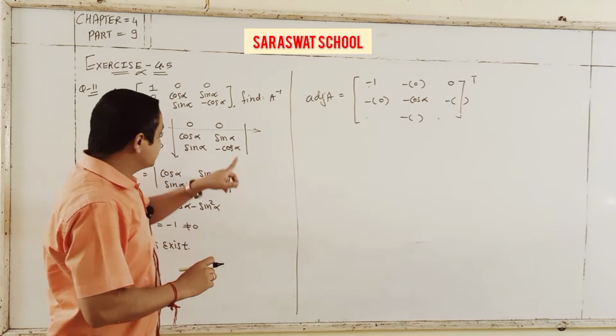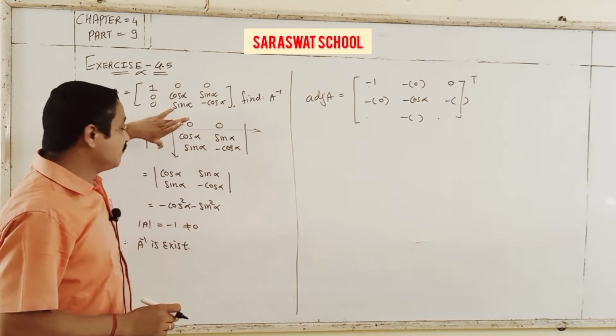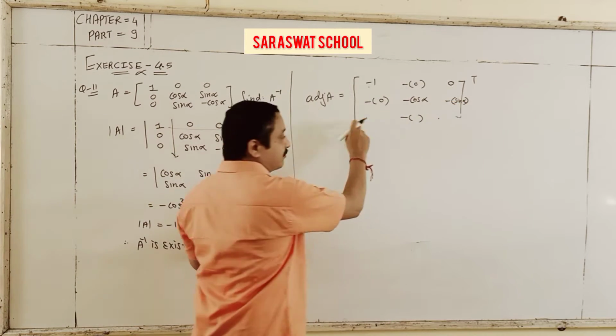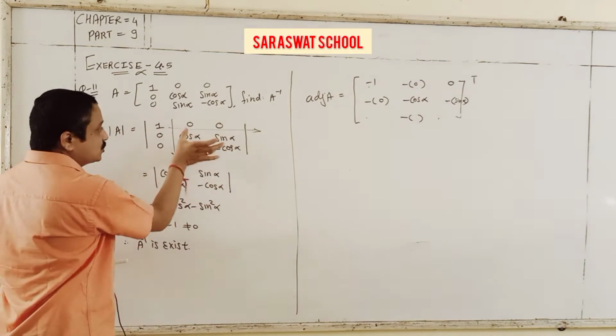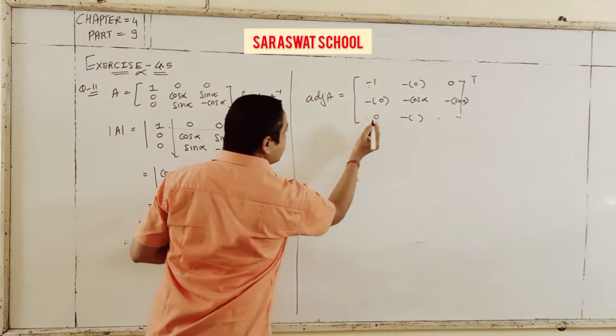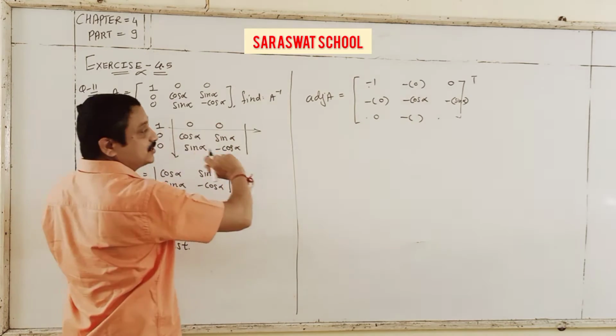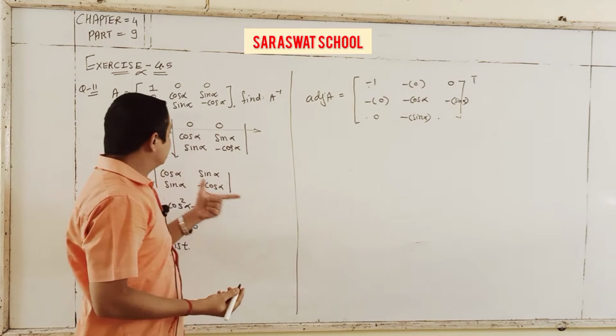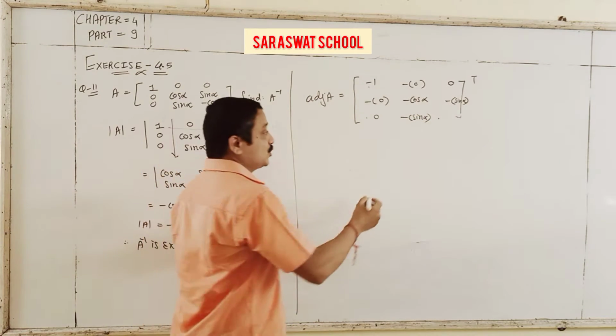And the last corner place, sin alpha minus 0, it should be sin alpha. Now this one, the L shape, 0 minus 0, again the same. Then sin alpha minus 0, so only sin alpha. And last, cos alpha minus 0, it is cos alpha.